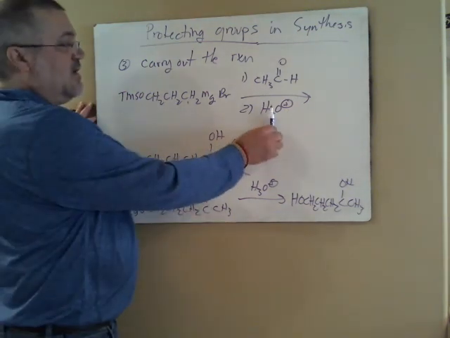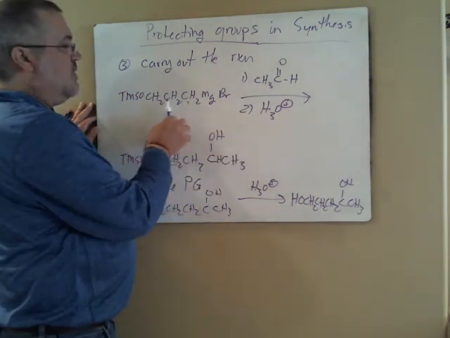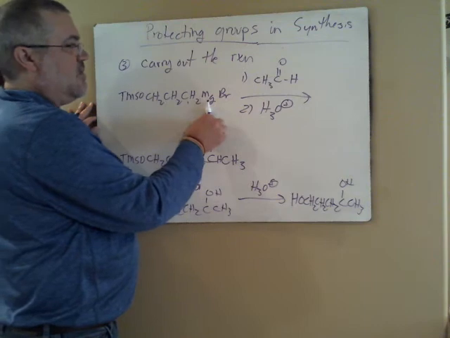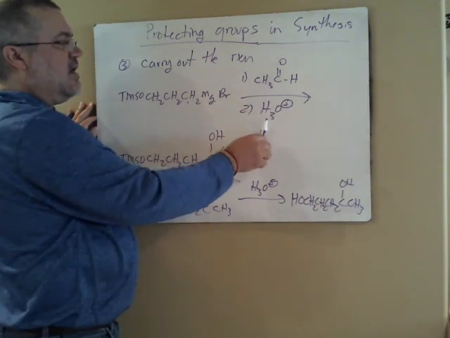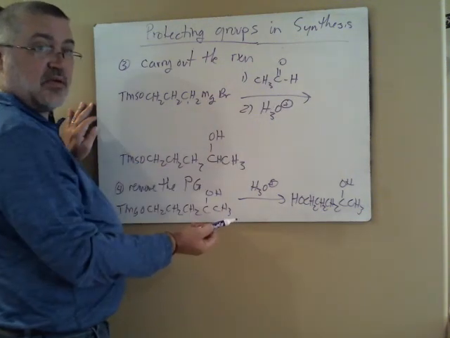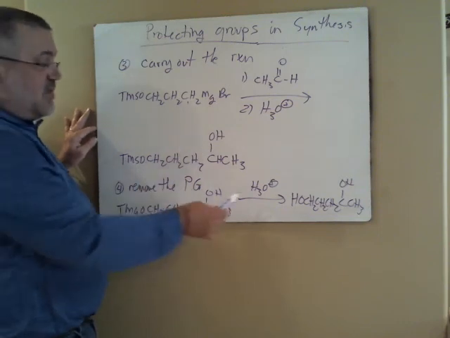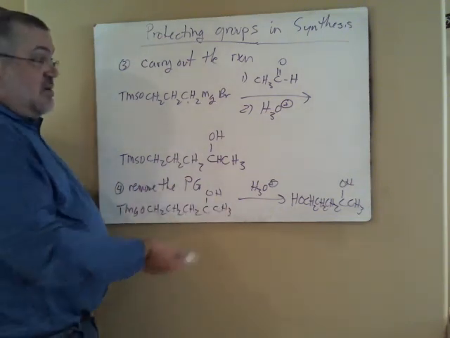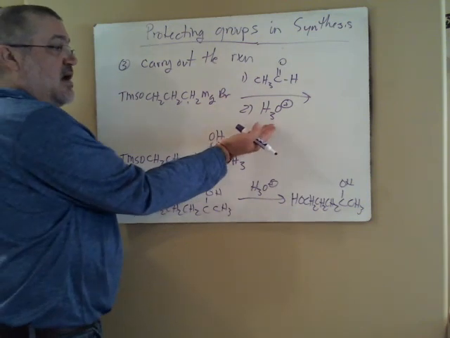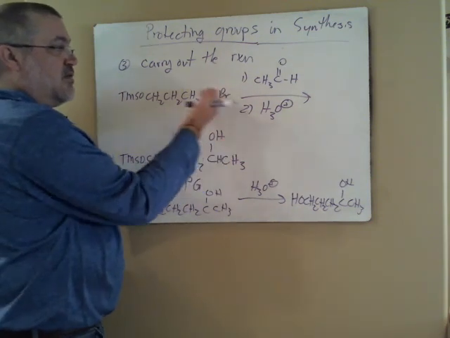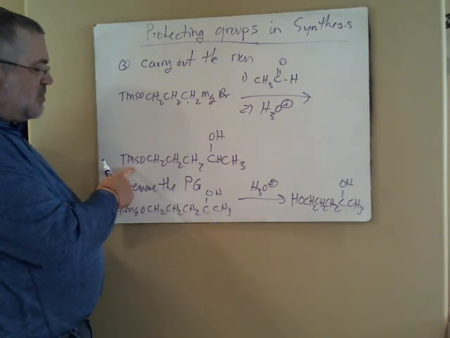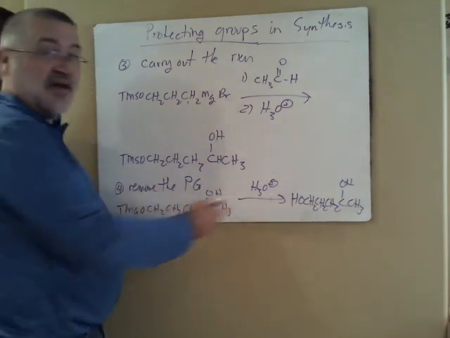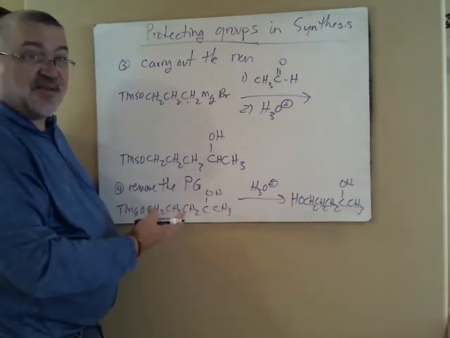In the second step of this reaction of the Grignard with the aldehyde, I did an aqueous acid workup. So this final step may not even be necessary, because when you do the aqueous acid workup of the Grignard reaction, it's probably going to remove the TMS in the same step.